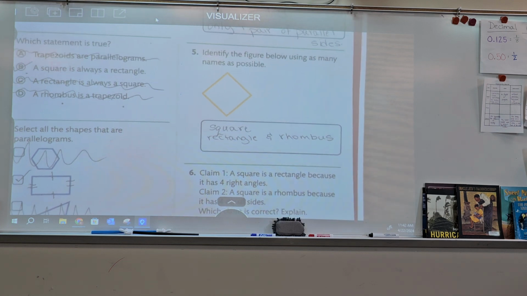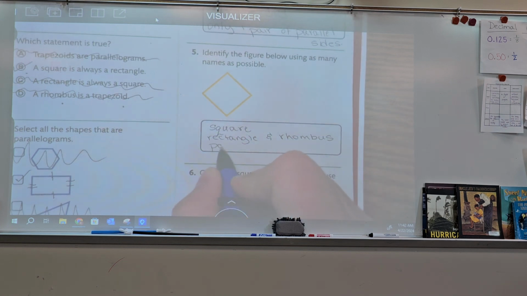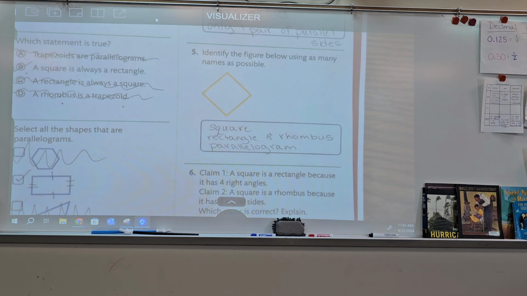I also know that it is a parallelogram. And because it has 4 sides, it is also a quadrilateral. You could also go as far as say, I know it's also a polygon. So start in the most specific.